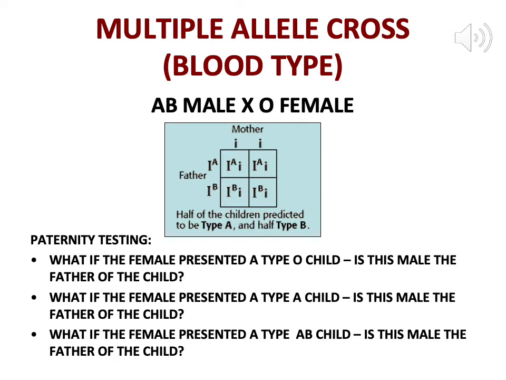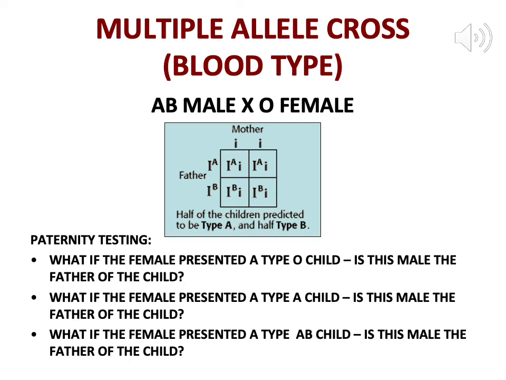Now, I promised you, once we figured out how to do a Punnett square, we were going to return to the notion of blood type. Blood typing is a really good way of making a first determination of paternity. What do you mean paternity, Canals? I mean, if some woman accuses some fella of fathering her child, that's grounds for what we call a paternity suit.